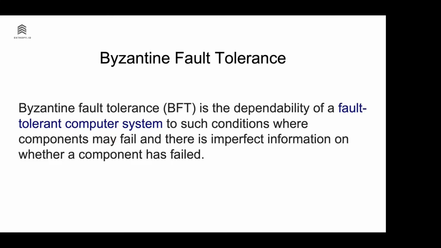And so the system as a whole needs some mechanism to make sense of the system and proceed, even though some of the data that it receives may be missing or faulty in some way. This is the idea behind Byzantine fault tolerance. It's asking how a computer system can make progress, given that the information it is receiving is imperfect.